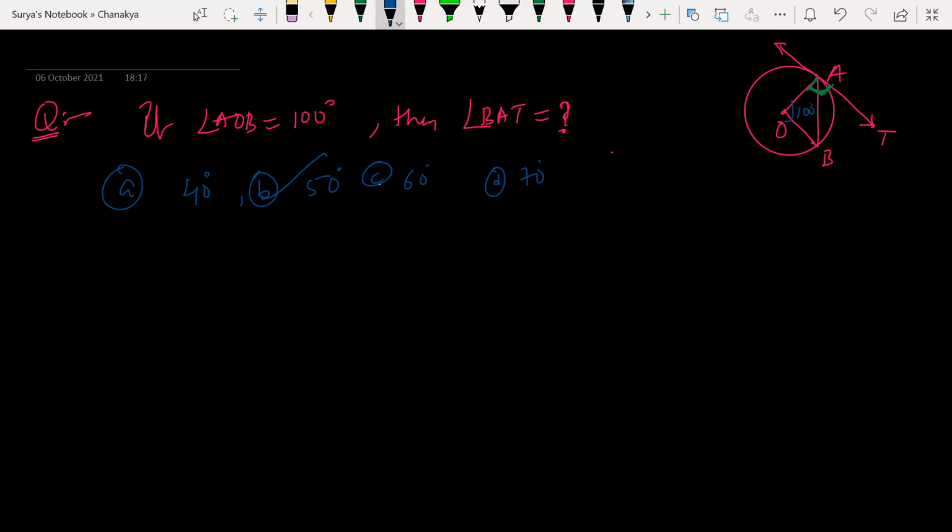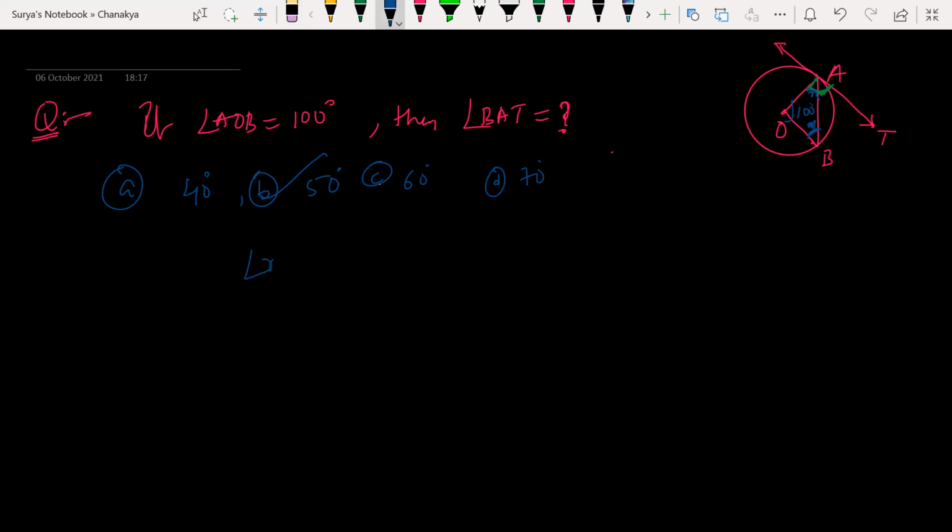Now here, can I say this angle and this angle both will be equal? Yes or no? Can I say this is x, this is also x? Yes or no?